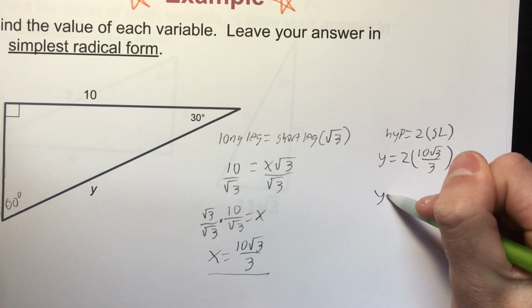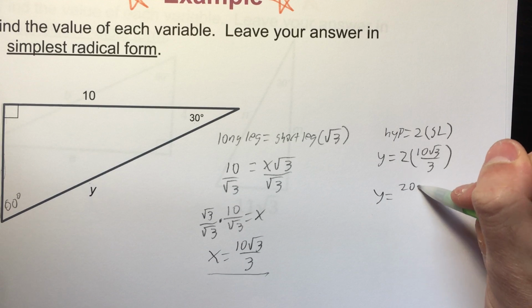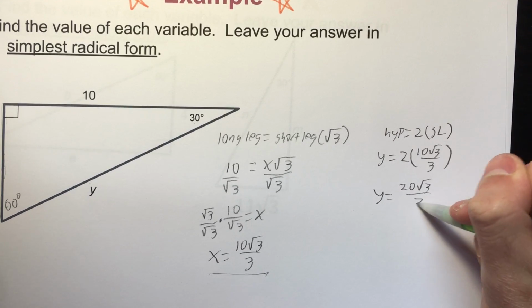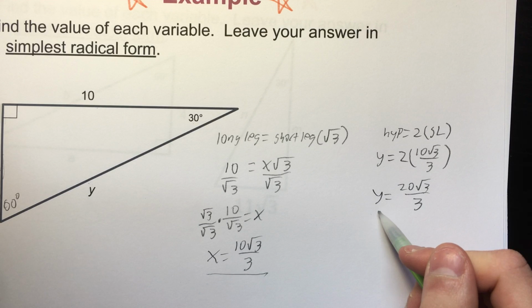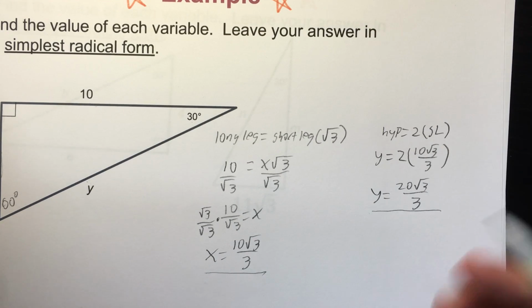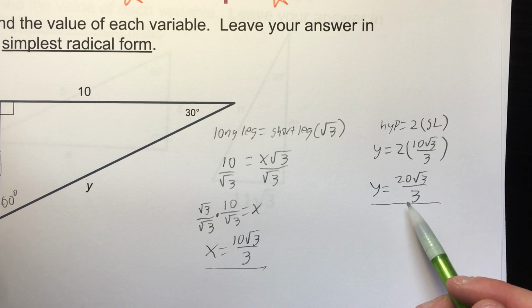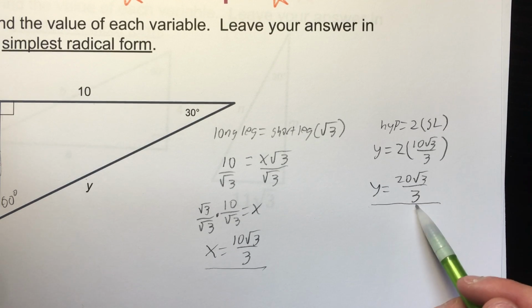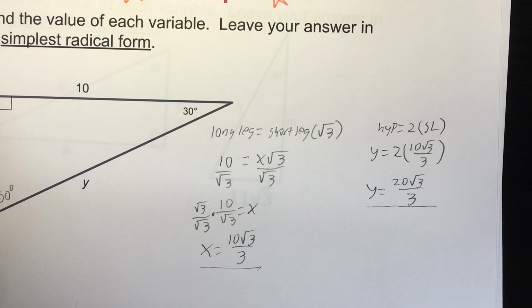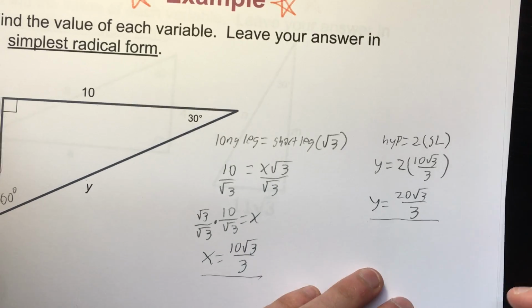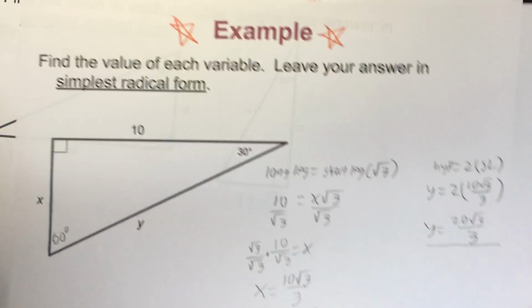So y is going to equal 20 root 3 over 3. We could simplify that to make it a mixed fraction if you want, but that's in simplest radical form. We don't have a radical in the denominator, so those are acceptable answers.